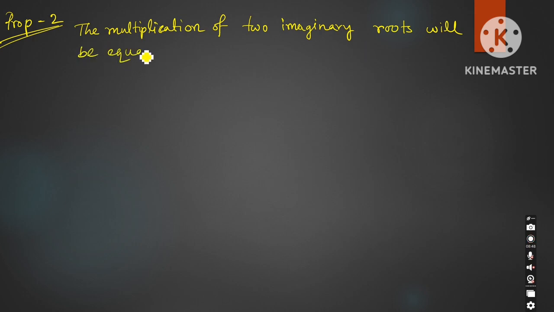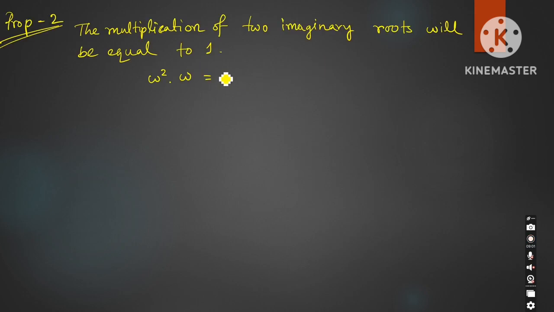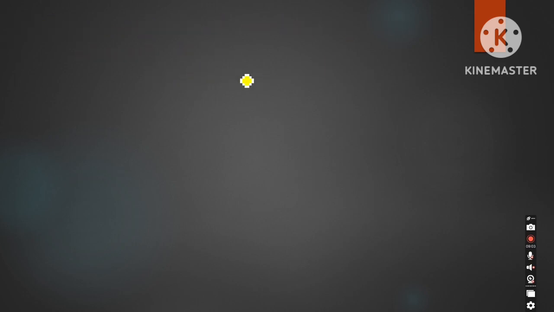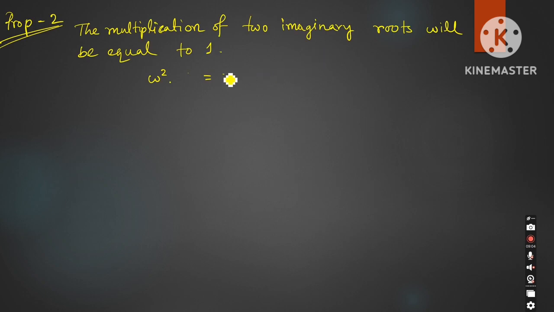So we can say omega square equals minus 1 by 2 minus root 3 by 2i, and omega equals minus 1 by 2 plus root 3 by 2i. And we have to show that omega square into omega equals 1.